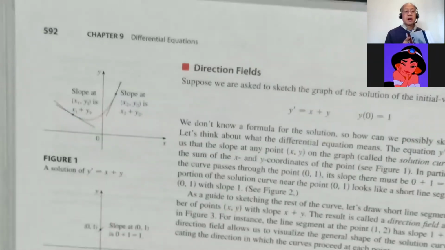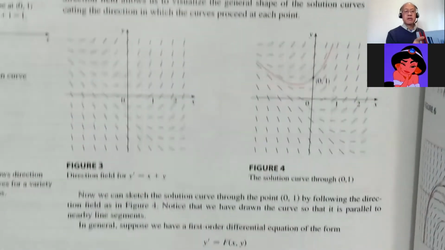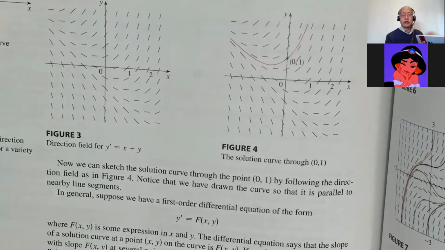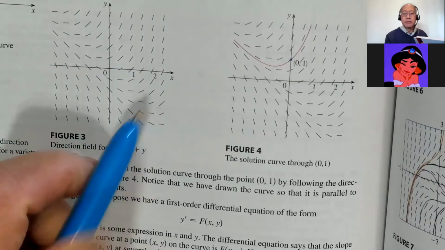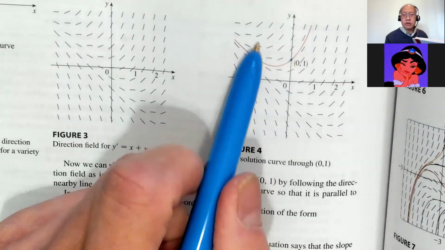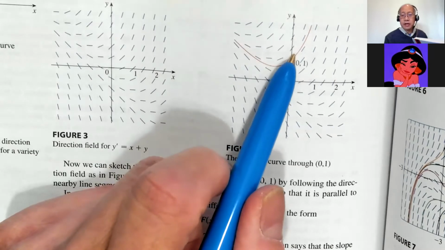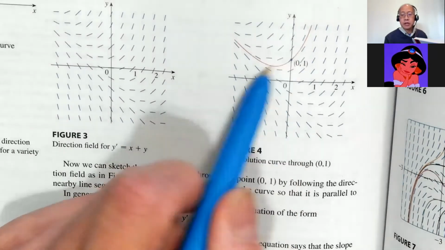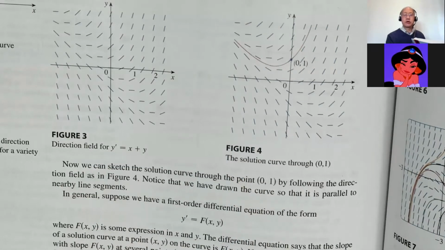On page 592, here is a slope field, figure 3. Figure 4 is a slope field, and they happen to draw a particular solution curve that goes through 0, 1. You just look at the way these lines are and follow it. It looks like over here it's going this way, and over here it's curving like so. So here's a particular solution curve.